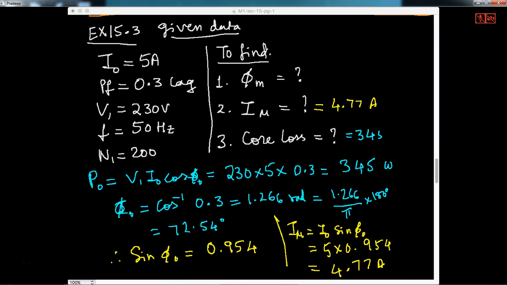So 4.75 is almost correct, but the most accurate answer is 4.77.